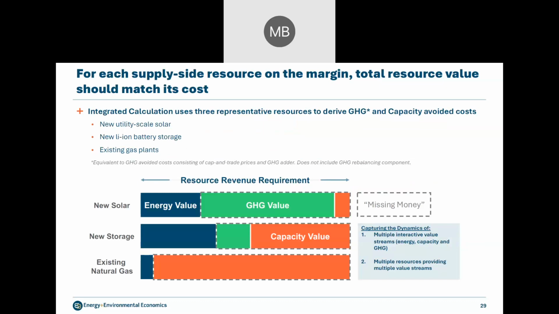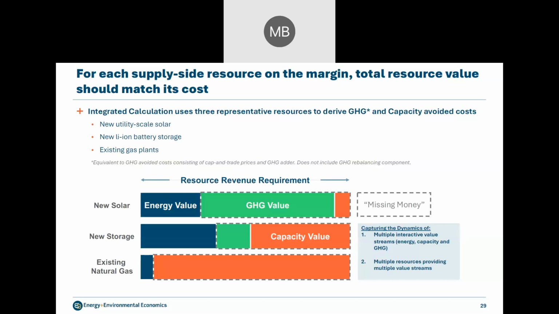I'll tell you that we've looked at the integrated calculation model and have run it on various combinations. We haven't run it on a full IRP portfolio, but we've run it on geothermal and storage instead of solar and storage. We've run it on solar and geothermal and storage, 3 resources, and you get different answers every time.